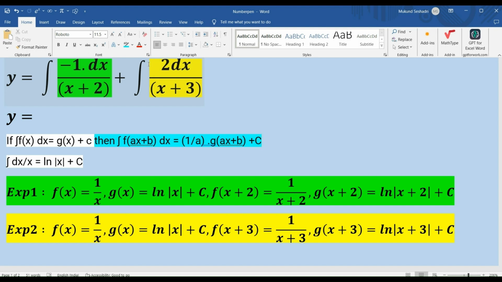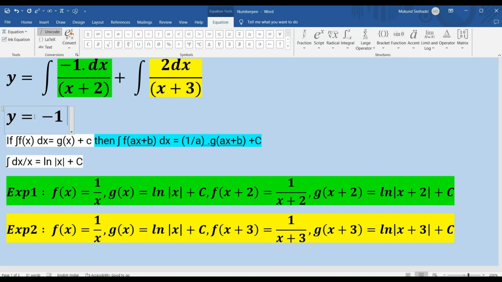So my answer to this problem is 1 by a times g of ax plus b, which means for expression 1, it is 1 by 1, which is a 1, times g of ax plus b, which is g of x plus 2. My minus 1 times g of x plus 2 is nothing but ln of mod of x plus 2. Let's keep the constant towards the end. So I have a minus 1 into ln, so I make it a minus ln.